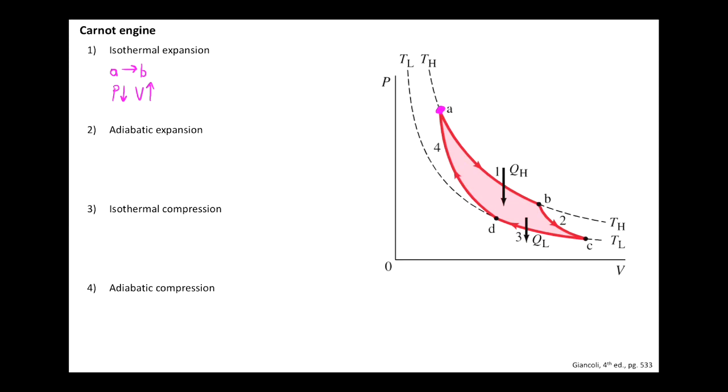There should be more volume. This is going to happen at the higher temperature. It's isothermal, so it's staying at the hot temperature during this entire process. And as it stays at that high temperature, we're going to say the input heat is added.